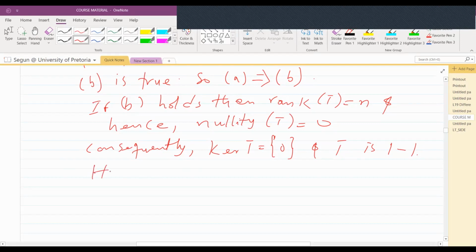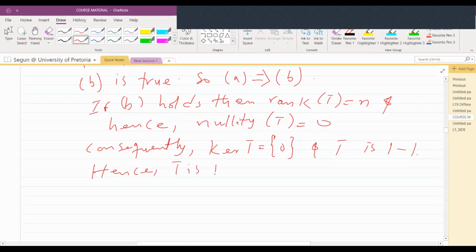Hence, T is 1 to 1 and onto. That is, our T in this case is an isomorphism.